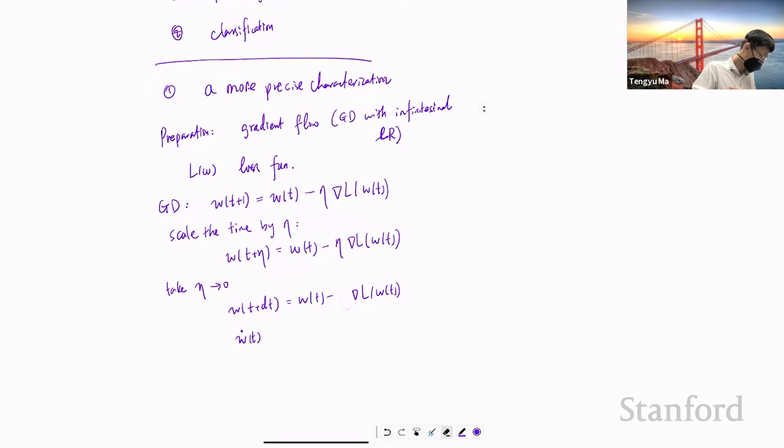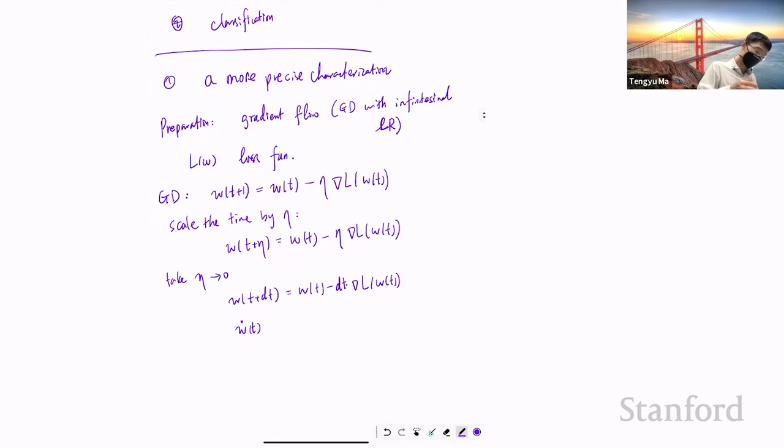Here you also replace eta by dt. This is how you take eta to go to 0. And this is effectively saying that the derivative of w with respect to t, which we denote by w dot t, is equal to minus the gradient of L at w(t), where w dot t is just the derivative of w with respect to the time t.